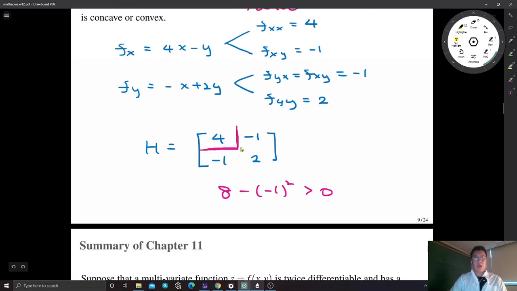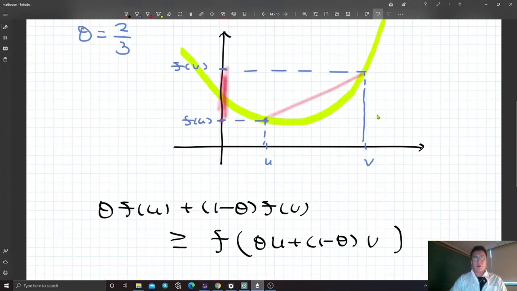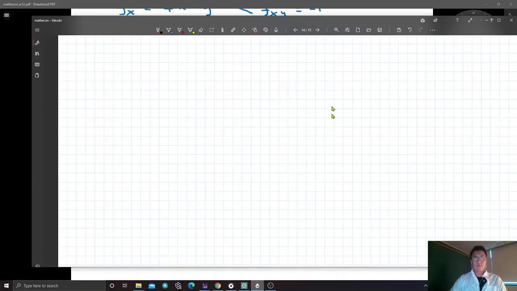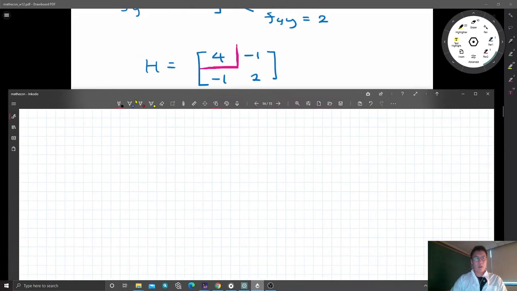And we can use the eigenvalue test as well. Given this Hessian matrix, now we can derive the characteristic equation, H minus lambda I. Instead of A, let me use H for the Hessian matrix.